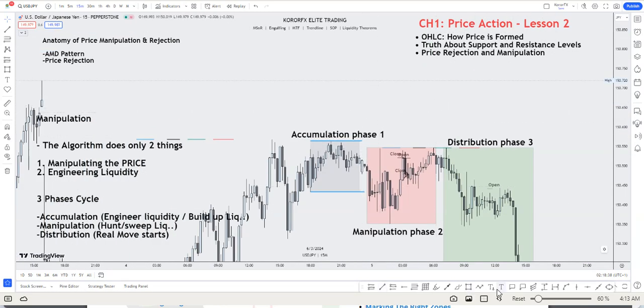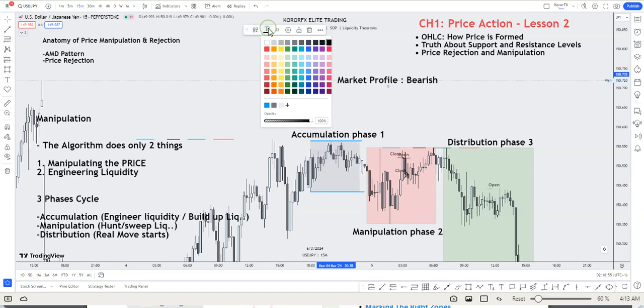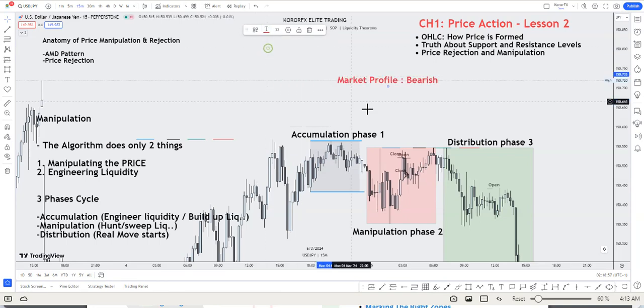So this market profile that I made now is a bearish one. The vice versa will be the bullish, guys.